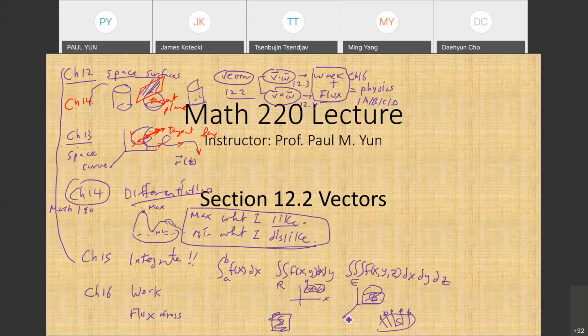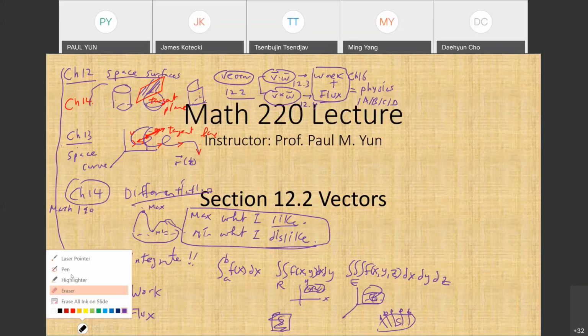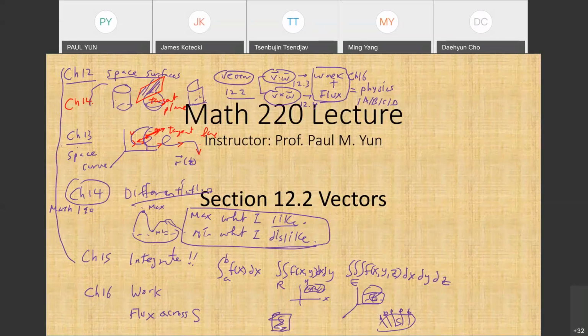So we call it flux across surface S. Think about it from the perspective of energy. Here's a surface, a space surface.